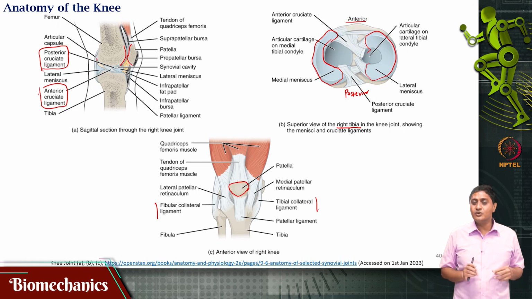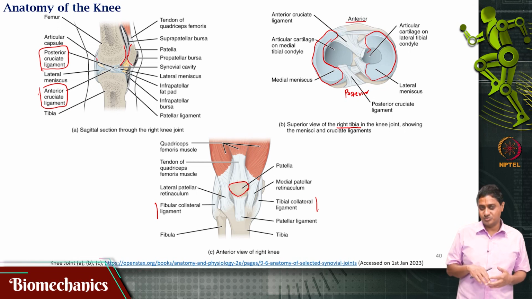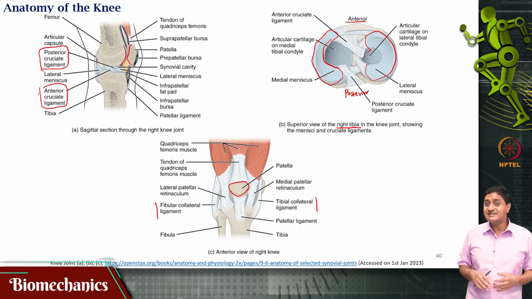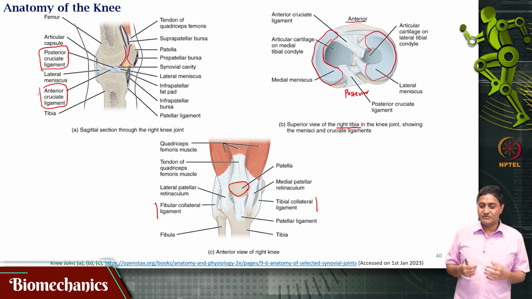When this is increased, so in a way the patella itself increases the radius around which the tendon is gliding through, or it acts like a pulley around which the rope, which is the quadriceps tendon, will have to glide through. This way it increases the mechanical advantage of the quadriceps tendon.